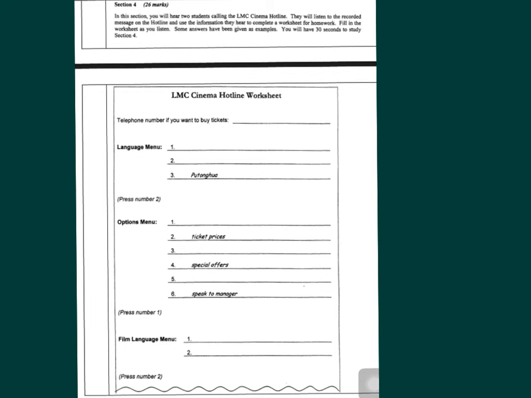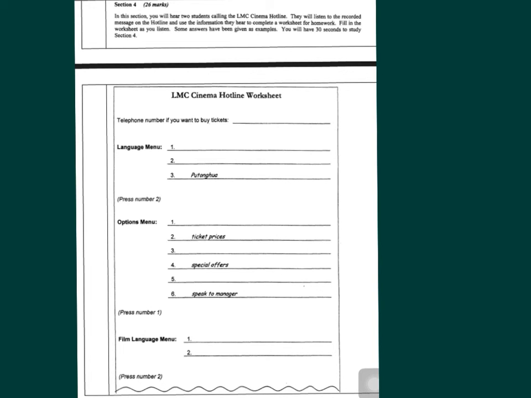Please choose from our language menu. Press 1 for Cantonese. Press 2 for English. Press 3 for Putonghua. Which one does the teacher tell us to press? Press 2.